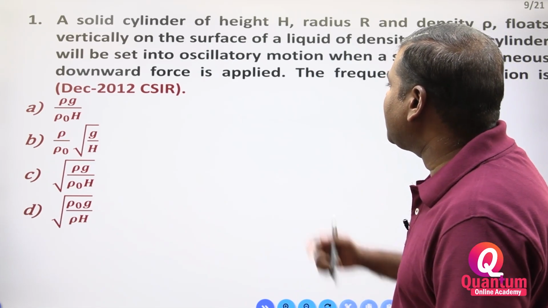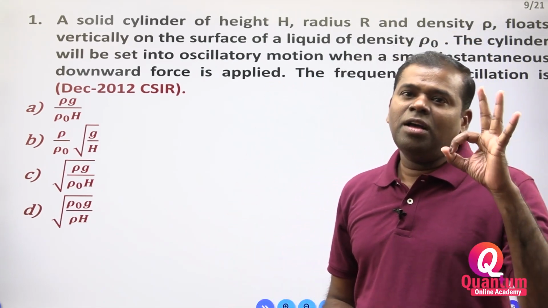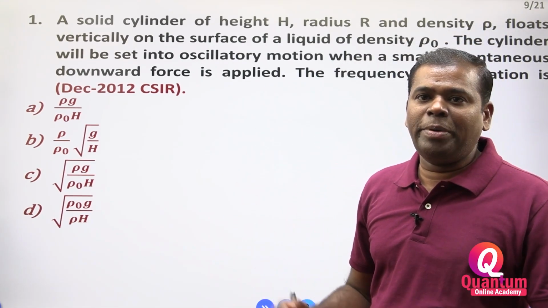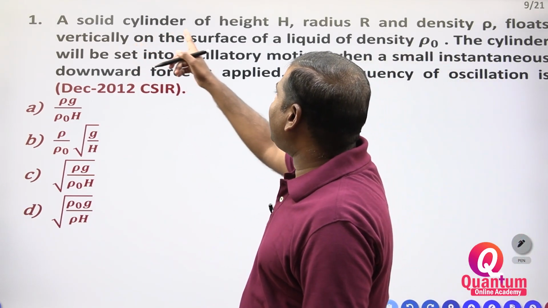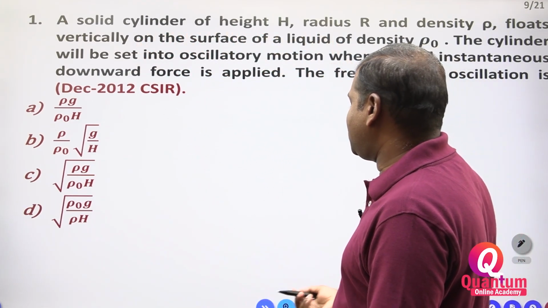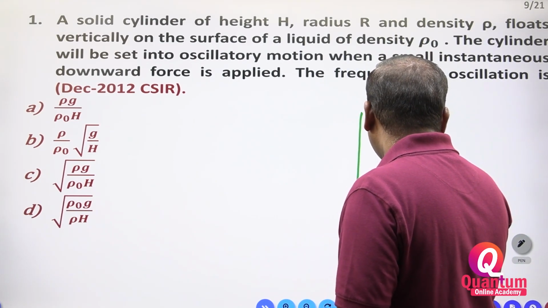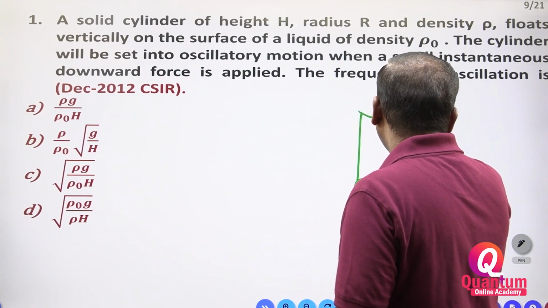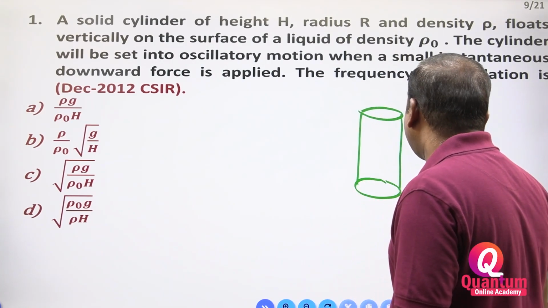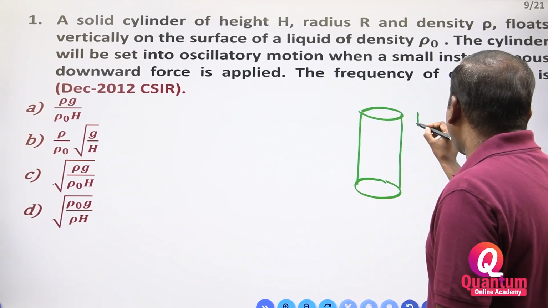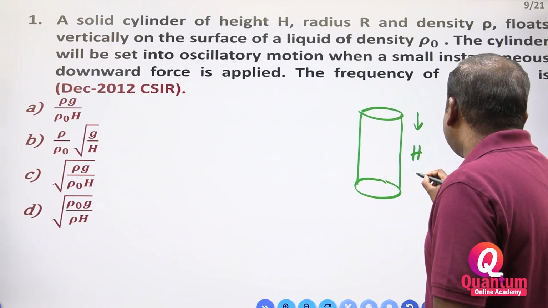Once you have to see. First this question, from the first topic I took this question. A solid cylinder of height h. Suppose you take a solid cylinder. It is the cylinder, right? How much height is there? h height is there.